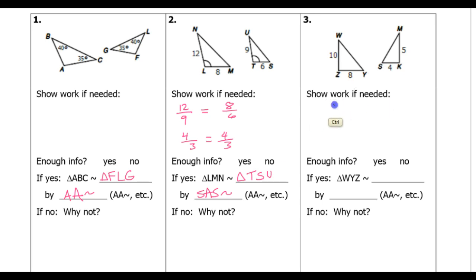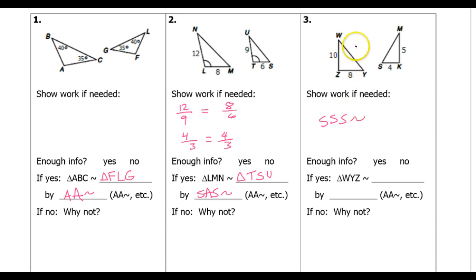Now, we only have the three methods of proving that triangles are similar. We have the angle-angle similarity postulate, the side-angle-side. The only other one is the side-side-side similarity postulate.